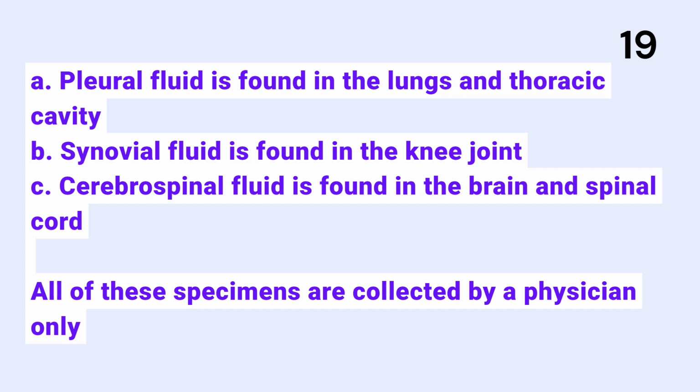Pleural fluid is found in the lungs and thoracic cavity. Synovial fluid is found in the knee joint. Cerebrospinal fluid is found in the brain and spinal cord. All of these specimens are collected by a physician only.